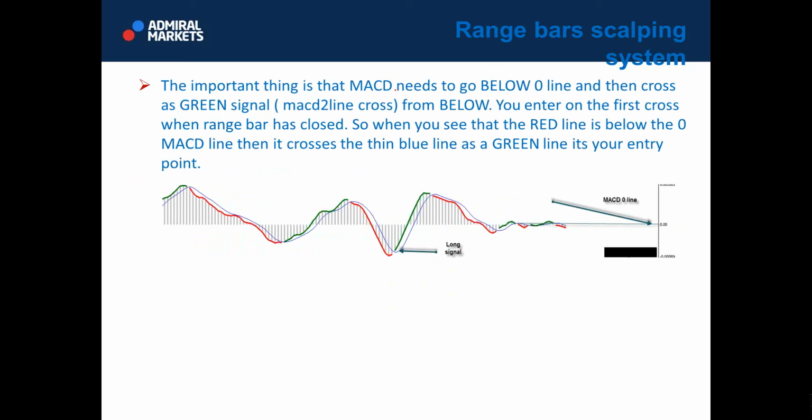The important thing is that MACD needs to go below the zero line and then cross as a green signal. This is for long trades. Blue needs to be above red, MACD should go below the zero line, and the next signal is when the color of the MACD switches from red to green. And you always enter on the very first cross.